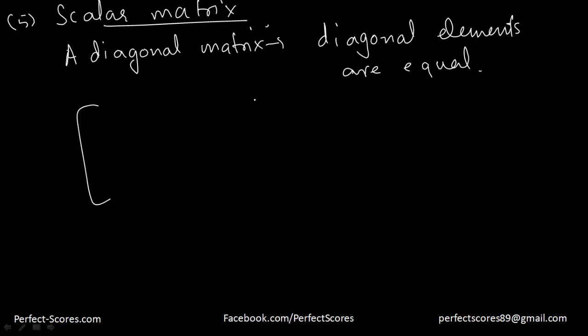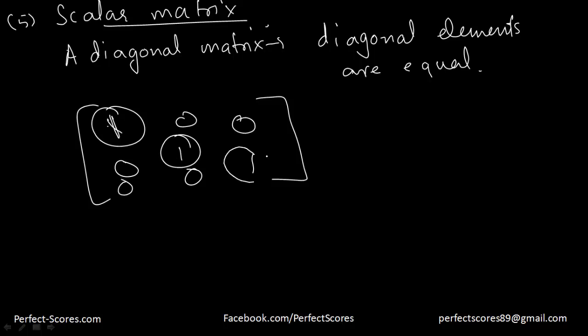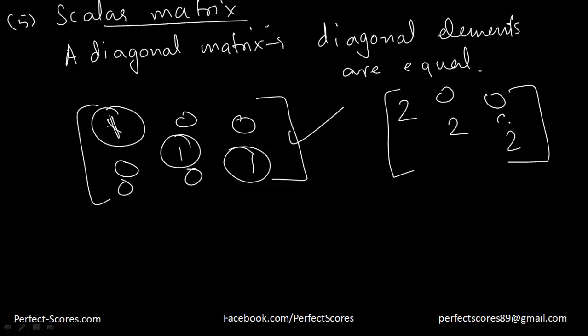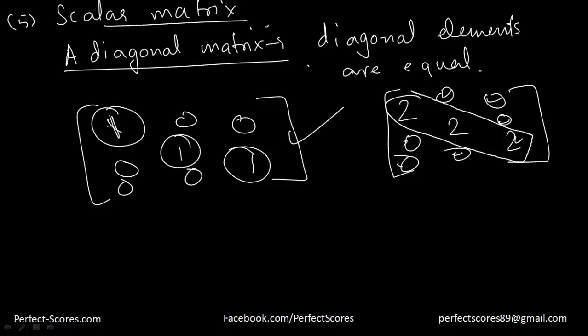So suppose, instead of having non-equal elements here, these elements are equal to each other, that means this is going to be a scalar matrix. Let me show you another example. In this case, it's a type of diagonal matrix, where all the non-diagonal elements are 0, but the diagonal elements are equal.